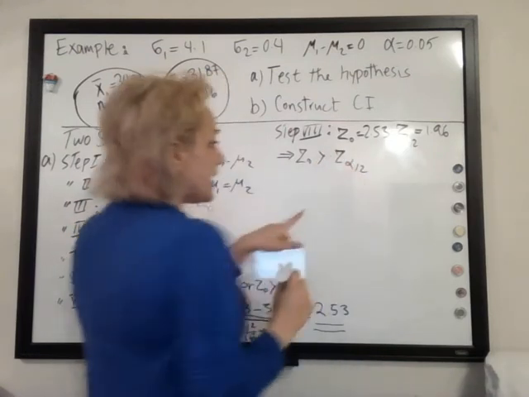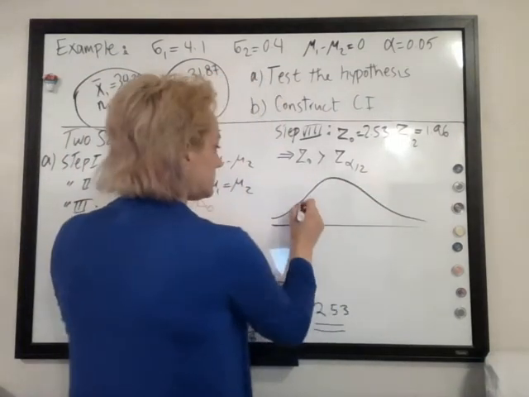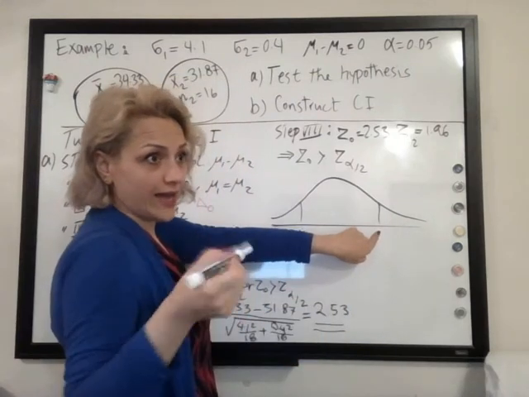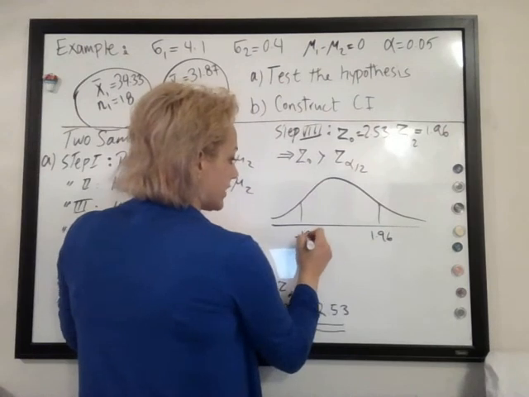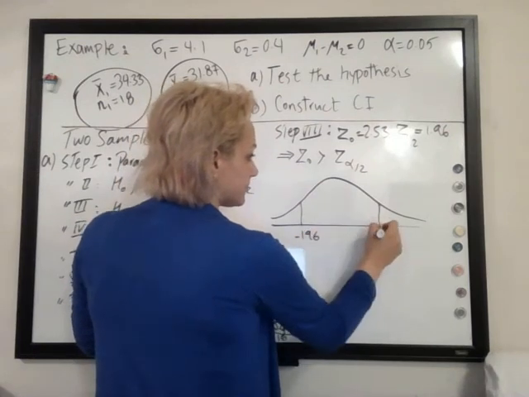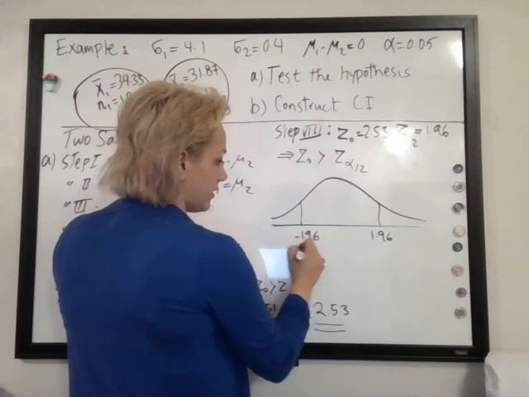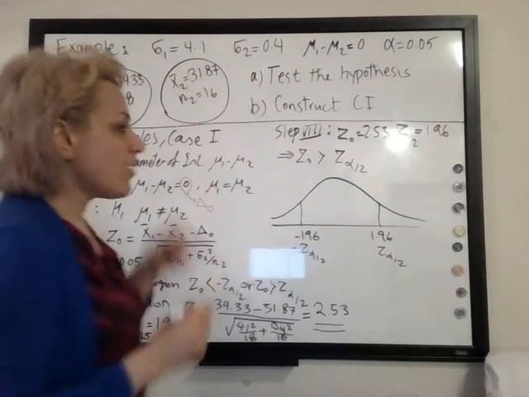Now let's go back to the graph that we had. The z at half of alpha was 1.96 and minus 1.96. I just wrote down the value of that. What does it mean really?